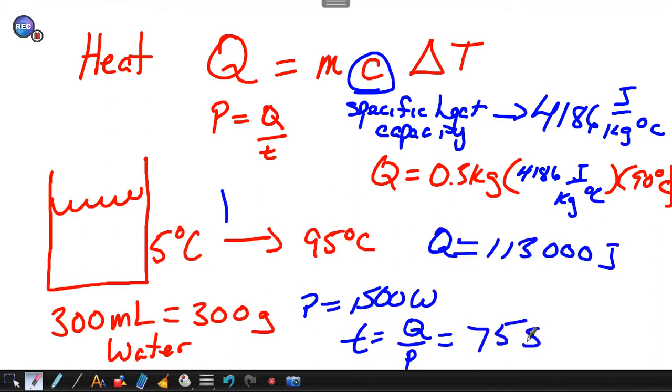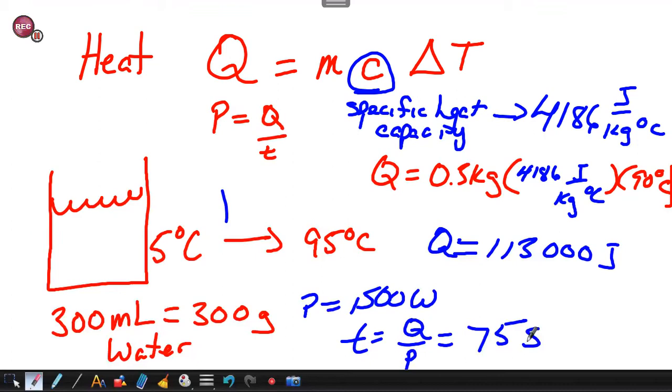So if you've ever heated water in a microwave, and the microwave is 1500 watts, you need to leave it in there at least a minute and 15 seconds. If it's something like an 1100 watt, then you'll need to leave it in there something like 90 or 100 seconds.